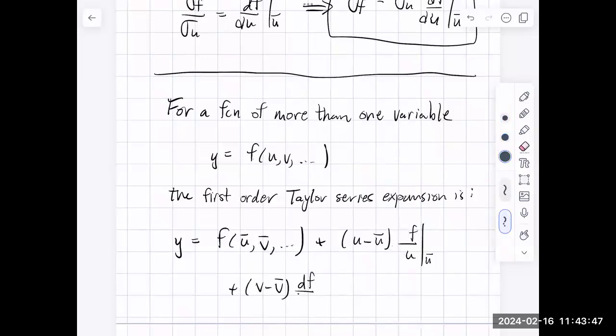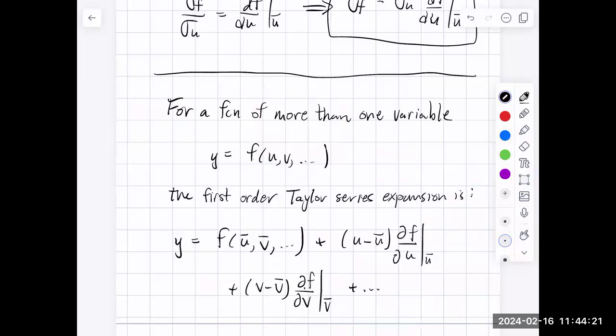Now we have a function of more than one variable, so I'll write this as partial derivatives. So this is going to be df dv evaluated at v bar. And then if you had more variables like a w or something, you'd have a term like that. I'm not going to include any higher order terms. Higher order terms would be like u minus u bar squared times the second derivative, and then there would also be 1/2 factorial, things like that. But we're not going to include those types of terms.